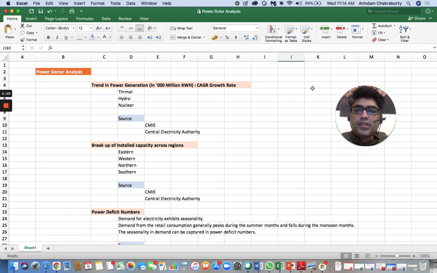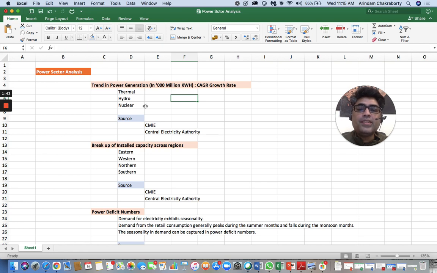So let's start. The first thing, when you are starting to analyze the power sector, is to understand what the trend in power generation is, right, in kilowatt hours. So the CAGR growth rate in all three sections of power generation, whether it's thermal, hydro, nuclear, right?